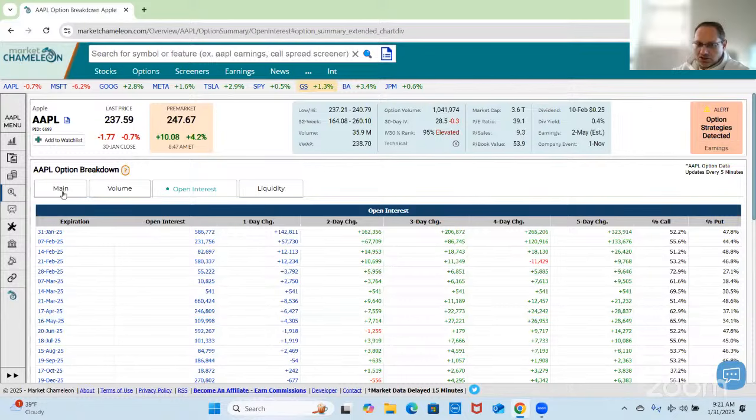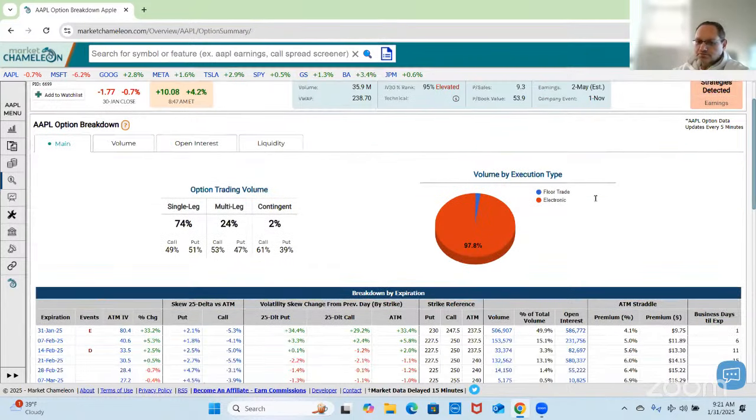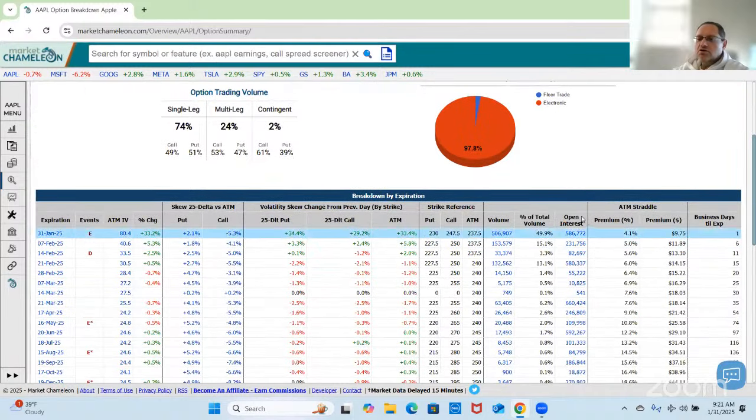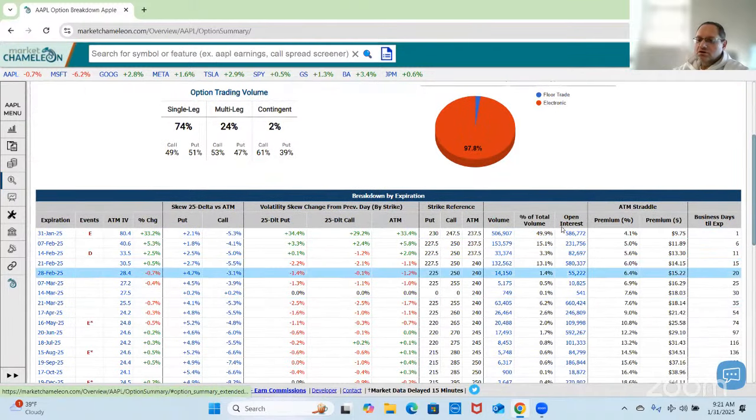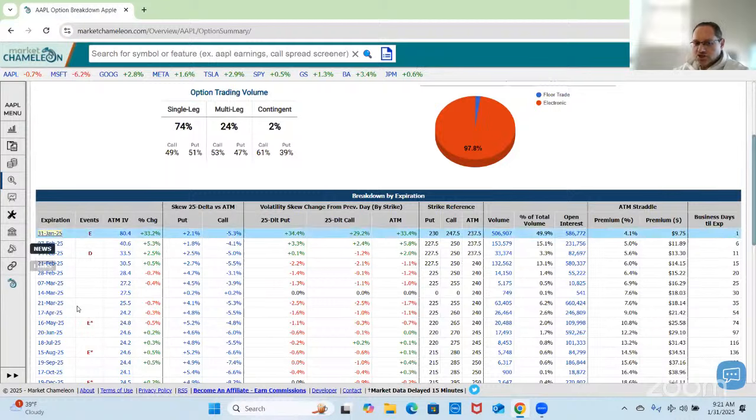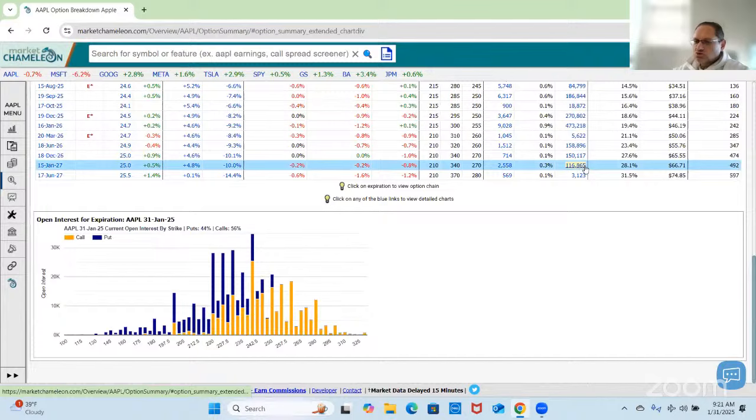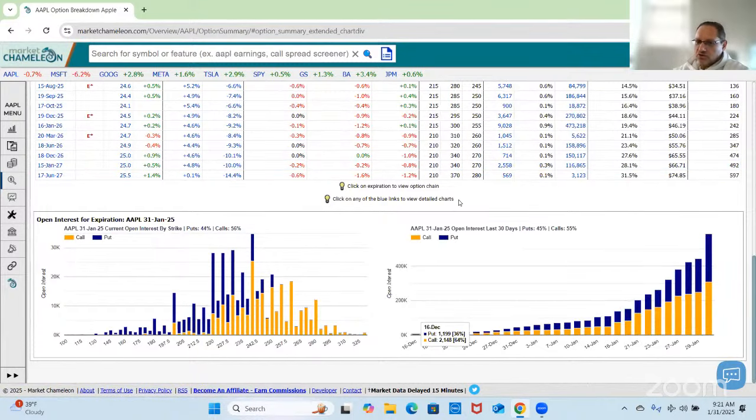Another one, let me just come back here for a second. On the main tab, we also see the open interest by expiration. And if we click on here, this will give us a different graphical view. What this shows us is, for that expiration, stacked calls and put open interest by strike.